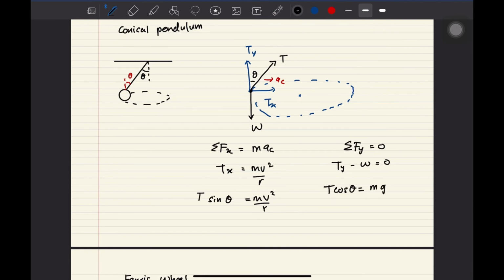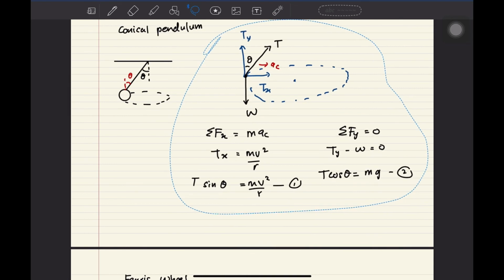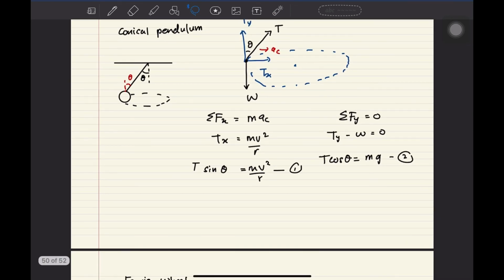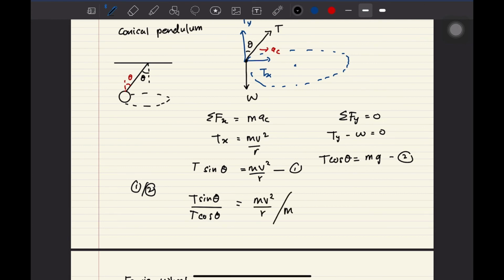So I can try to do a little bit of mathematics over here. You know that sine over cos will be equal to tangent. So if I do 1 divided by 2, I have T sine theta divided by T cos theta, and I have mv squared over r divided by mg.